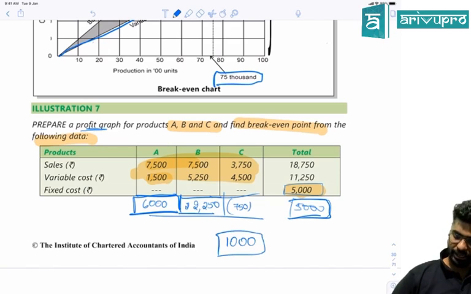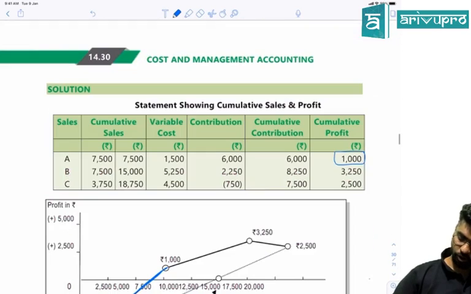Second one, my contribution was 2250. So my total contribution was 8250. So if I reduce my 5,000 of fixed cost, I'm making a profit of 3250. Then this.